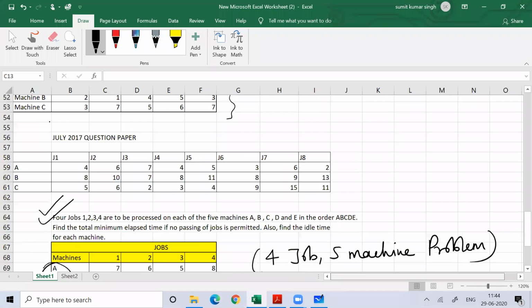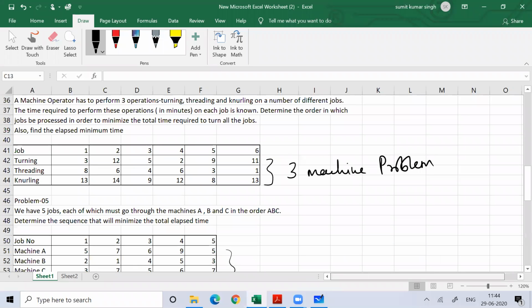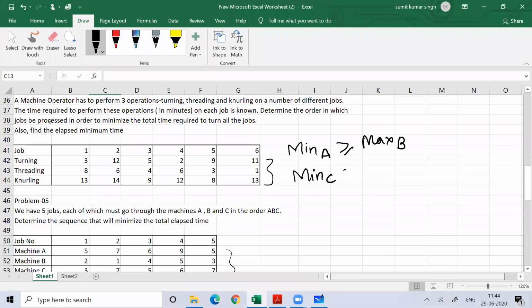If I give you a three machine problem, it can be converted into a two machine problem only if the minimum processing time on machine A is greater than or equal to the maximum processing time on B, or the minimum processing time on C is greater than or equal to the maximum processing time on B. Either of these events should happen, or both.